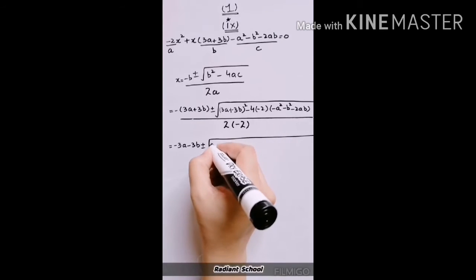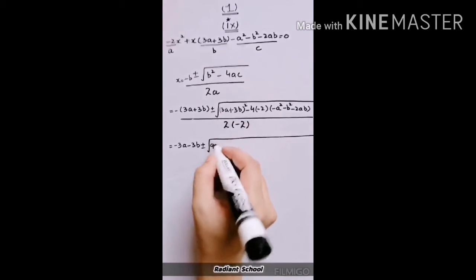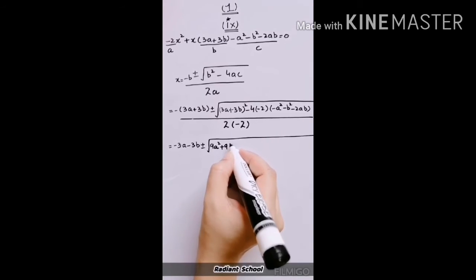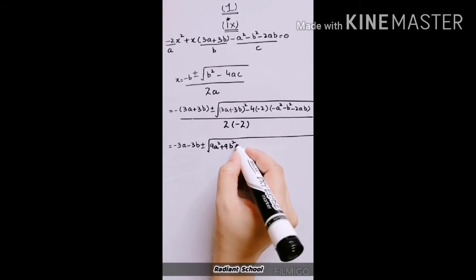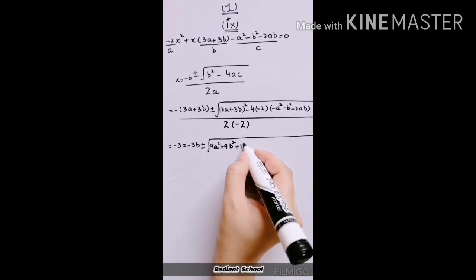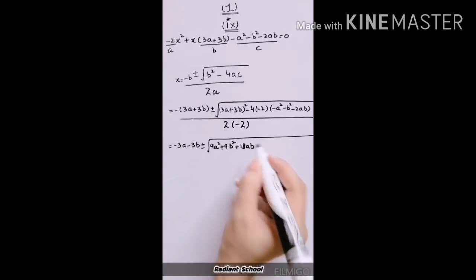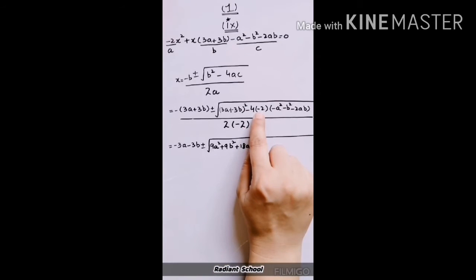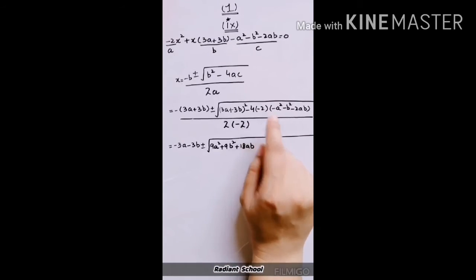It will be a plus b whole square formula, a square plus b square plus 2ab. Now we solve this 4ac term. Minus minus plus, 4 times 2 is 8, plus 8.